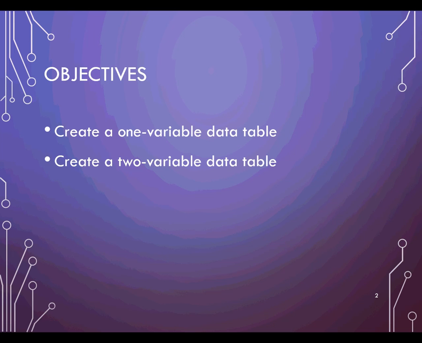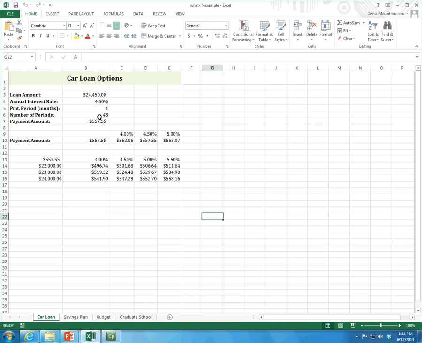In our case, that was a car loan scenario, and we had to find different PMTs, the PMT formula. We had to find different payments based on different interest rates. That's a one variable data table, or a 2 variable data table, different interest rates and different car loans.